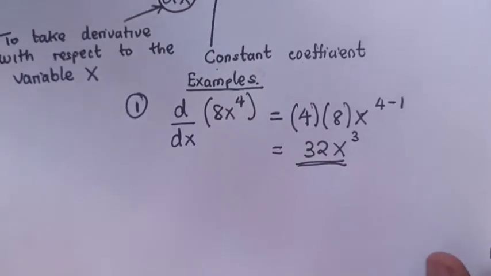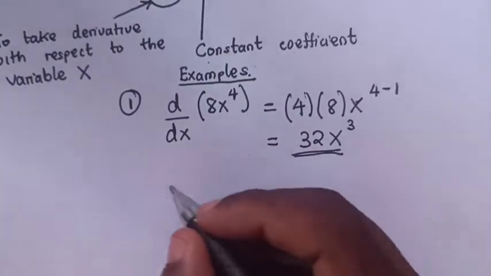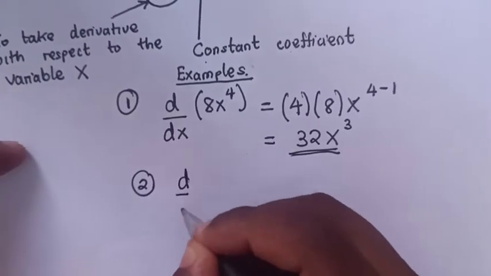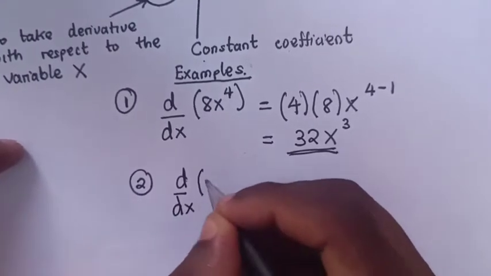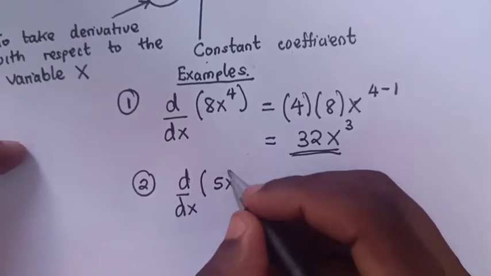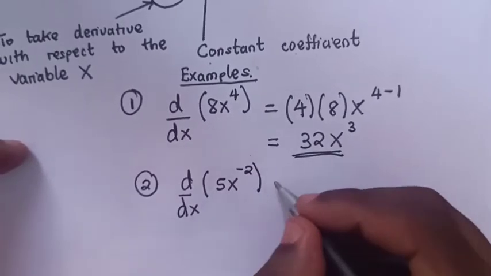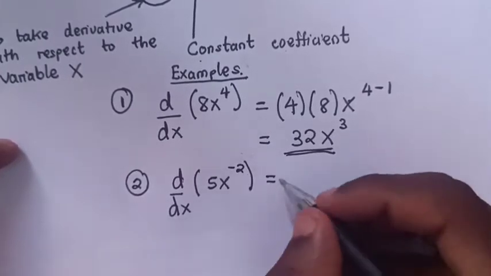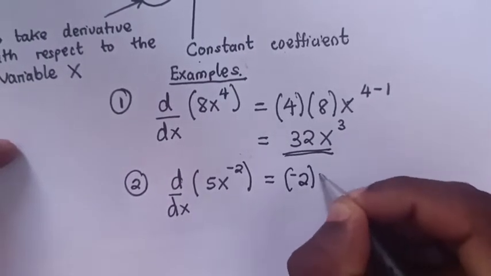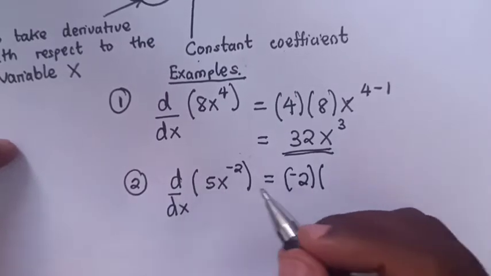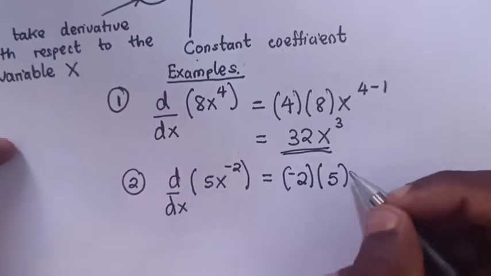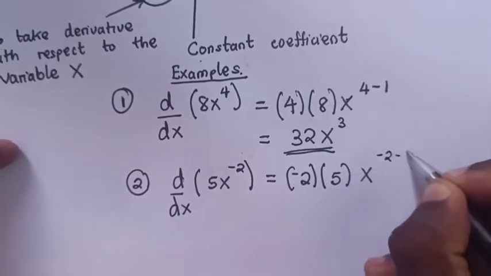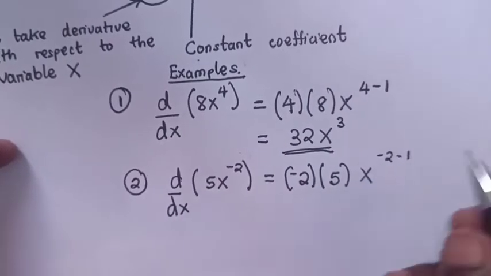Now let's go to the second example. The derivative of 5x to the power of negative 2 with respect to x. Here we multiply negative 2, the constant of exponent, times 5, the constant of coefficient, times x to the power of negative 2 minus 1.